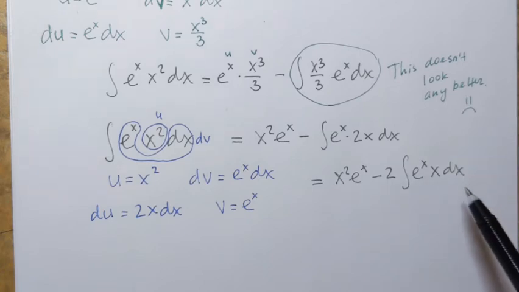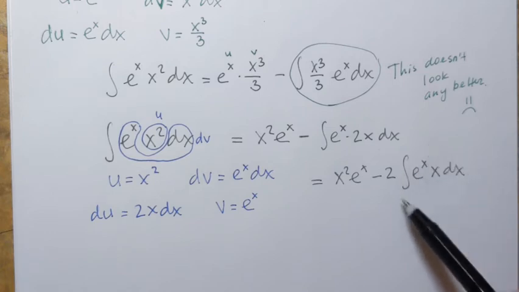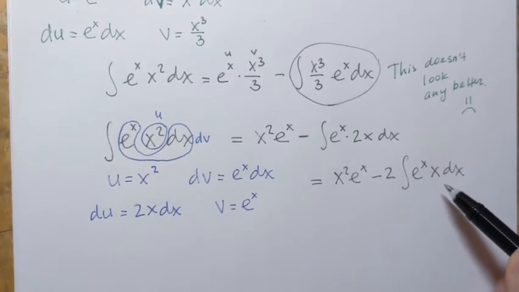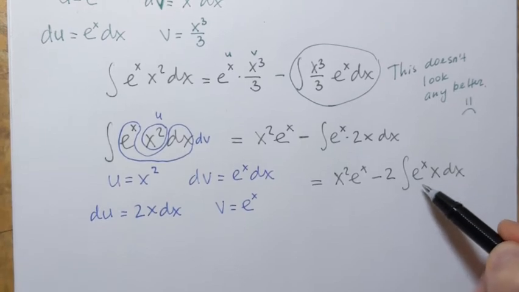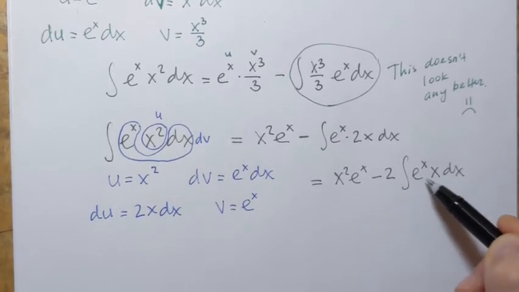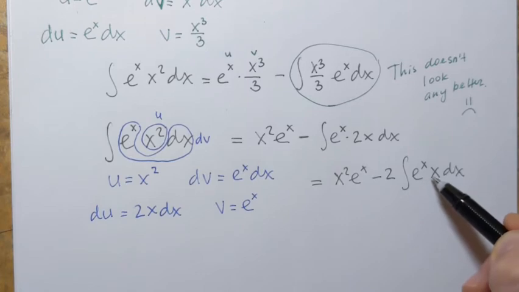Now, what we need to do right now is think how to integrate this part, to evaluate this integral. First of all, I can notice once again that I cannot just use the basic integration rule here, right? Since I have a product of two functions, e to the x and x, I won't be able to use the substitution rule.